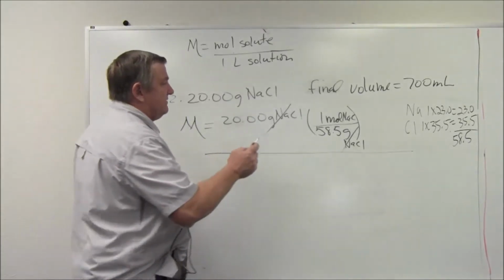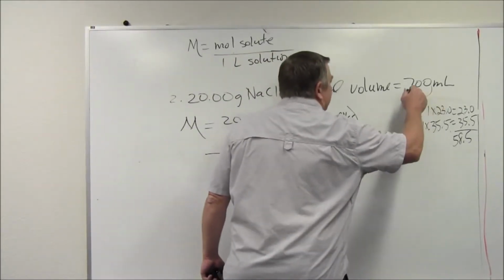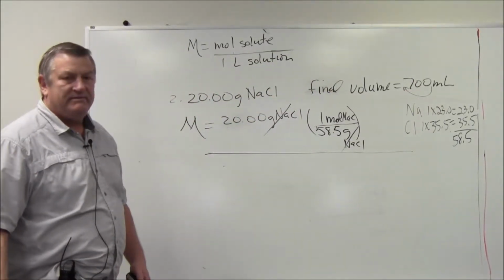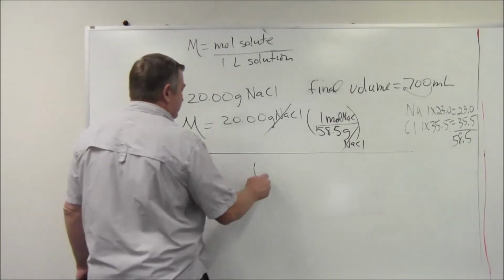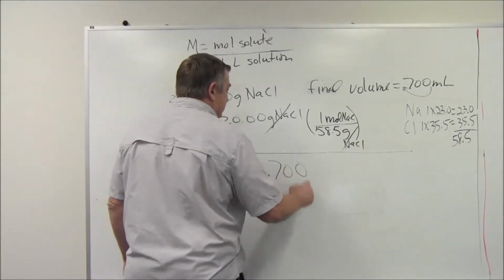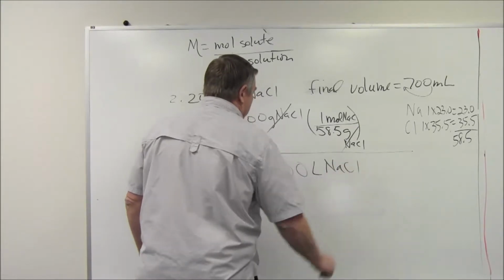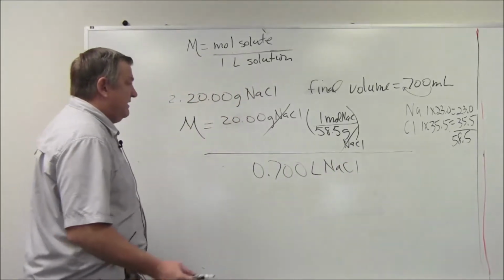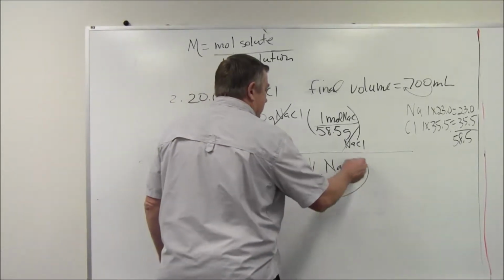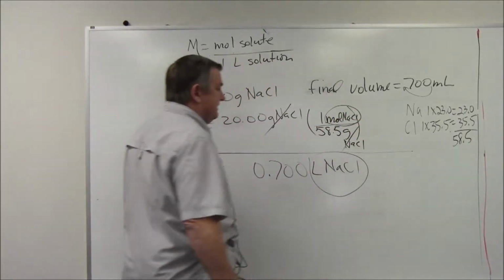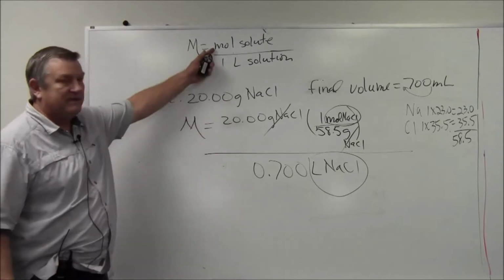And so 700 mils, we go 3 spaces to the left because there's 1,000 mils in a liter, and it'll be 0.7 liters. So 0.700 liters of sodium chloride solution. That's our final volume. And now we have the correct units. We've got moles of NaCl per liter NaCl, and those are the correct units for molarity.